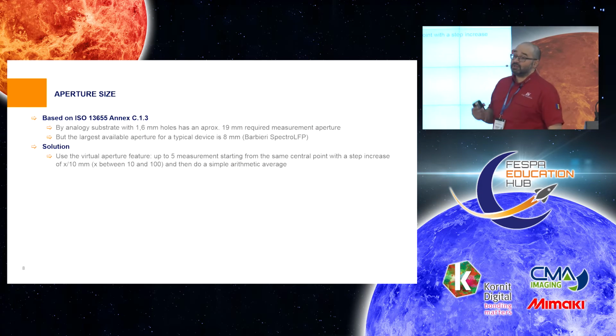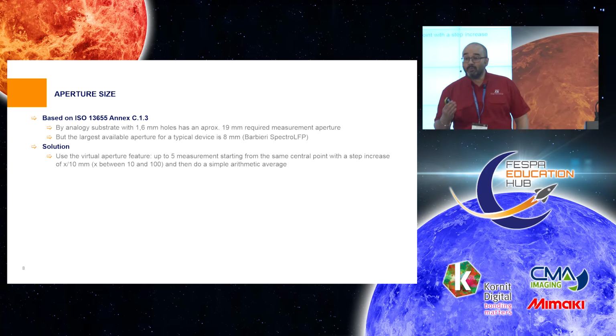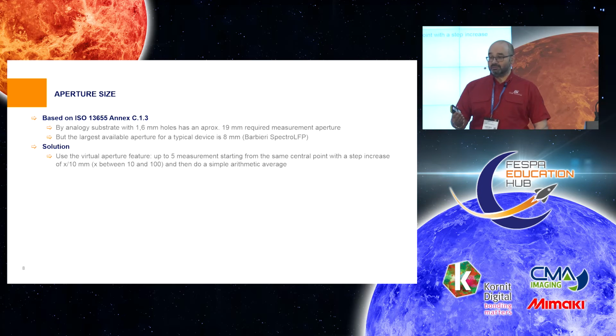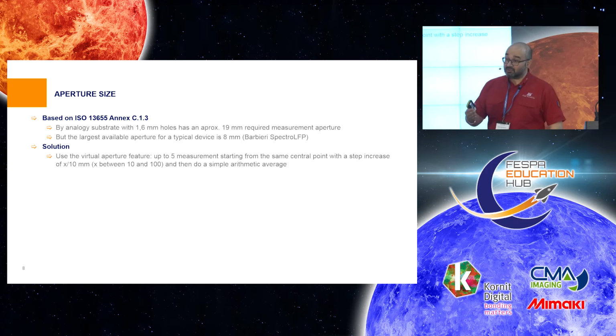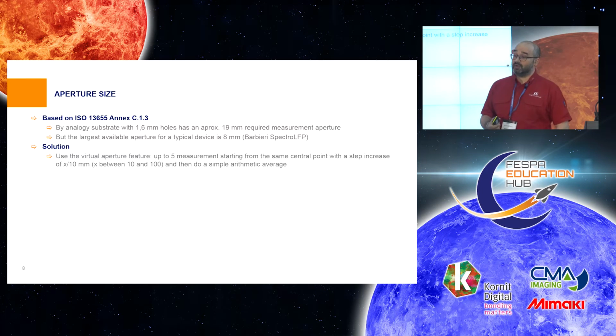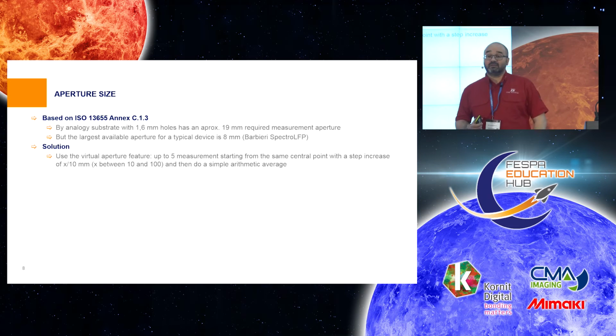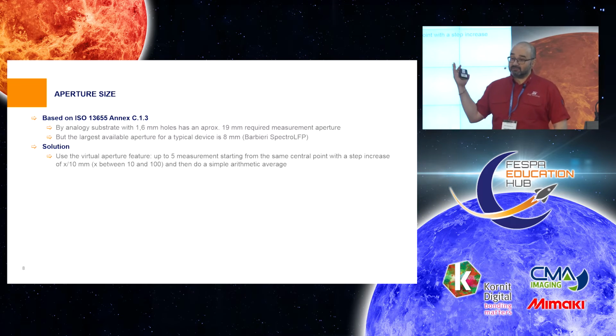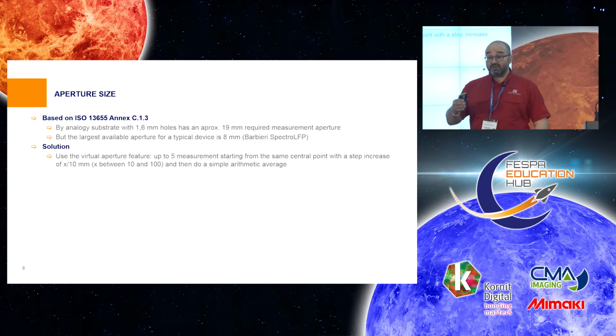So the next question is, how big does the aperture of our measurement device need to be in order to get good quality measurement out of such a substrate? We have an annex in our measurement standard, ISO 13655, that refers to the relation between the screening, either in conventional or digital printing, the screen size or screen width, and the aperture.